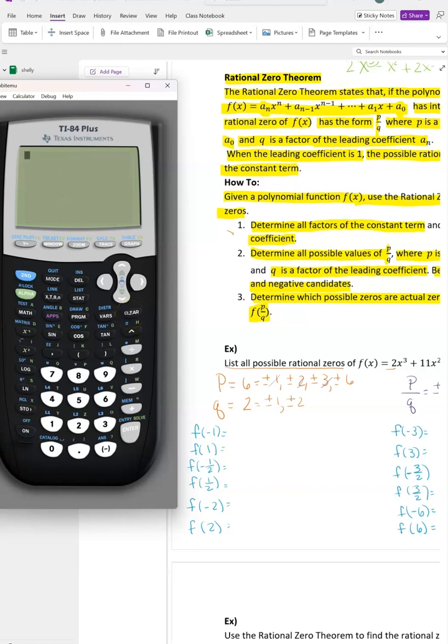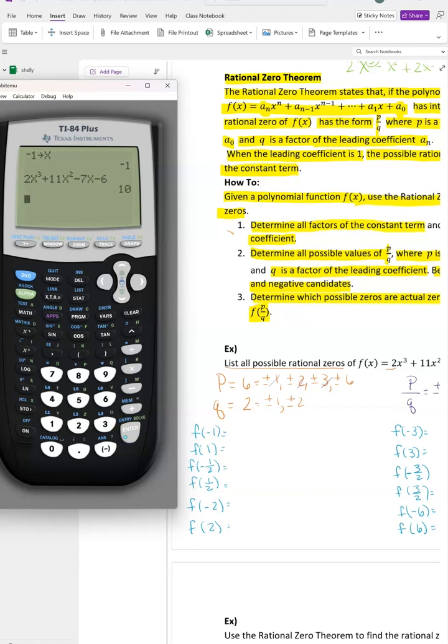Now we're going to store negative 1 as x, and hit enter. Now negative 1 is stored as your x. And we're going to put in our function: 2x cubed plus 11x squared minus 7x minus 6. Now when I hit enter, it gives me the value for negative 1, and that's 10. So this is going to equal 10.